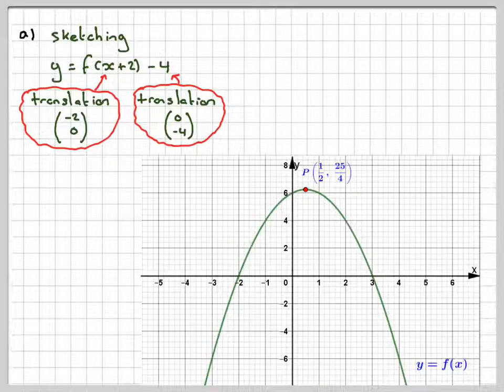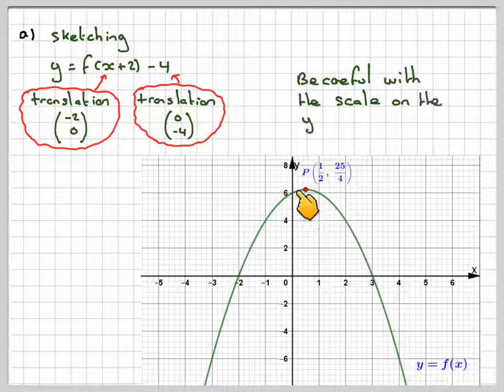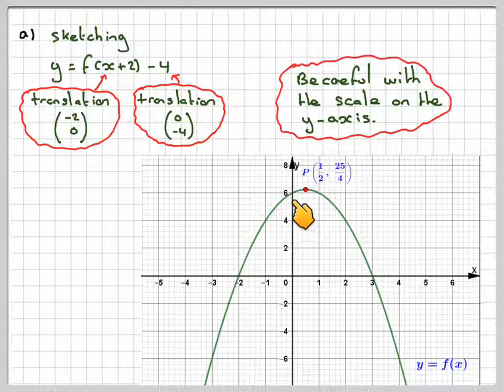If we take some points, we have to be careful, because the y-axis here represents 2 units. So if we take that point and move it back 2 units for this translation, and then down 4 units, that will take the maximum point to there.